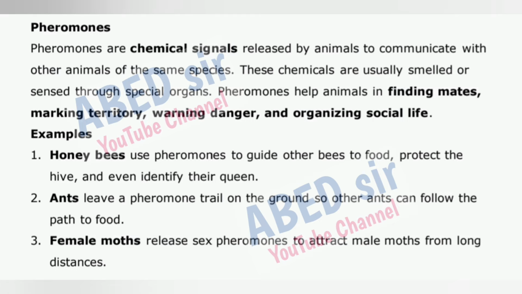Examples: 1. Honey bees use pheromones to guide other bees to food, protect the hive, and even identify their queen. 2. Ants leave a pheromone trail on the ground so other ants can follow the path to food. 3. Female moths release sex pheromones to attract male moths from long distances.